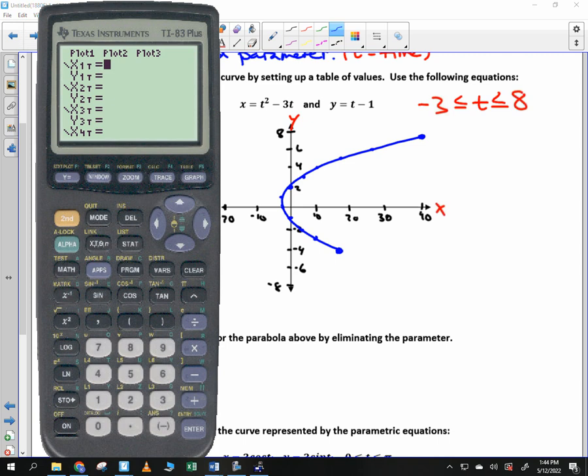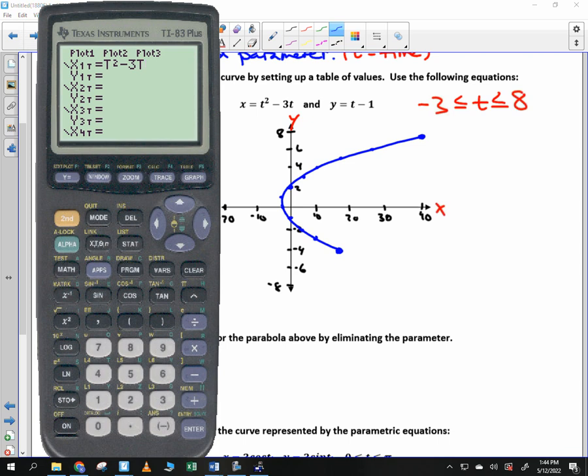And I type in t squared, so this is my variable, so I get t squared minus 3t. Okay, so time out real quick, everybody. Let me explain this. When you type x, do you type the x right here? The x, x, t, theta, n, they're all right here. This is your variable. Press it.